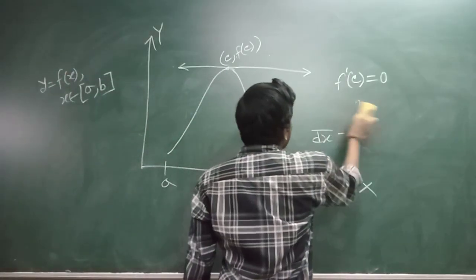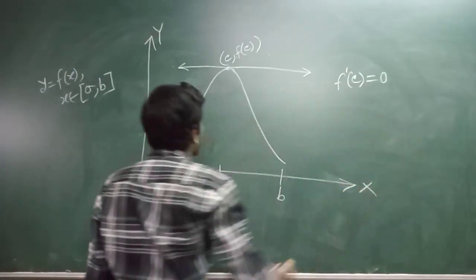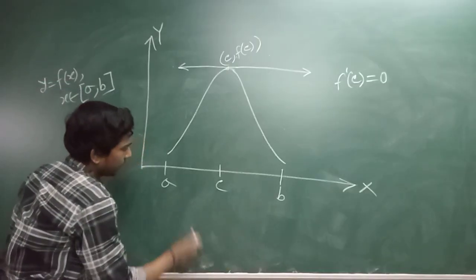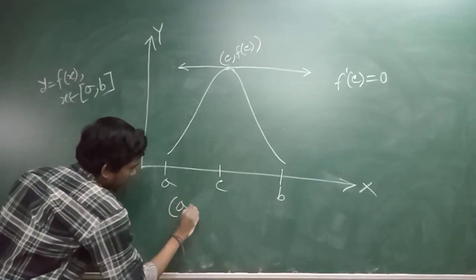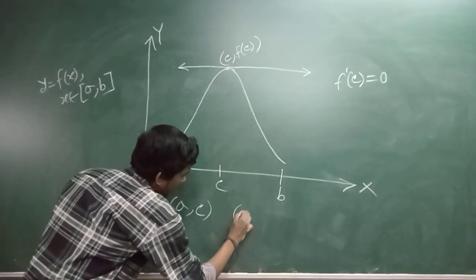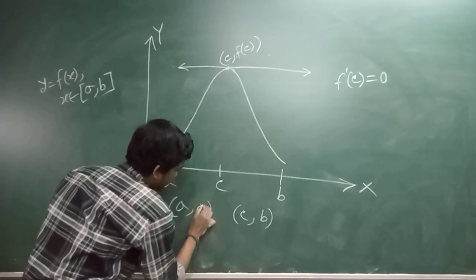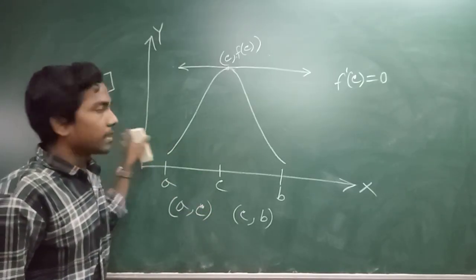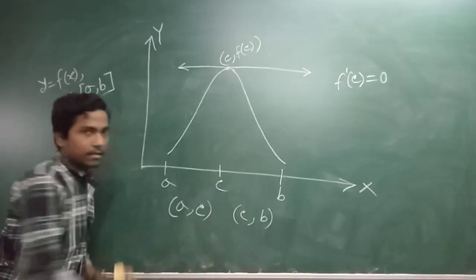Now what is monotonicity? Now split this entire domain [a, b] into two open intervals. Say open interval (a, c) and open interval (c, b). And we have to check the nature of this function in these two given intervals.